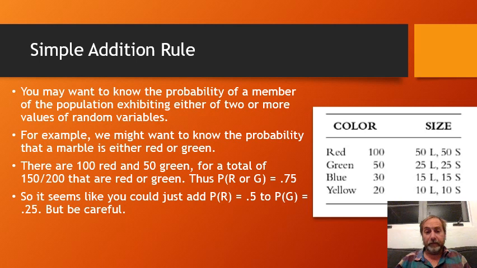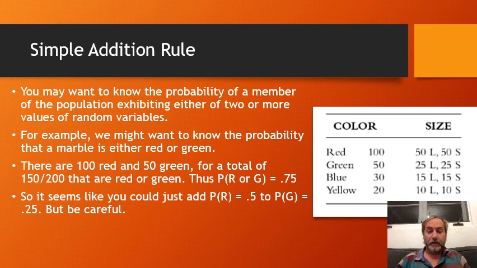Well, if there's 100 red marbles in the jar, and there's 50 green marbles in the jar, that means 150 are either red or green, right? So that means that the proportion of red or green in the population is 150 out of 200. So divide 150 by 200, you get 0.75. So the probability of red or green in the population is 0.75.